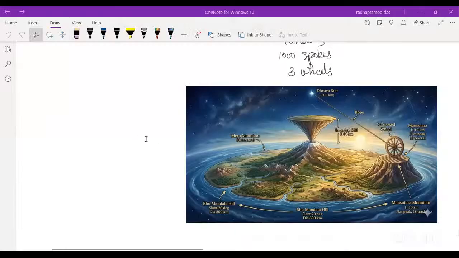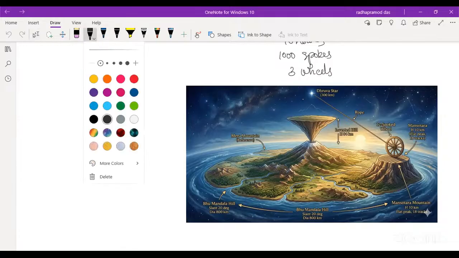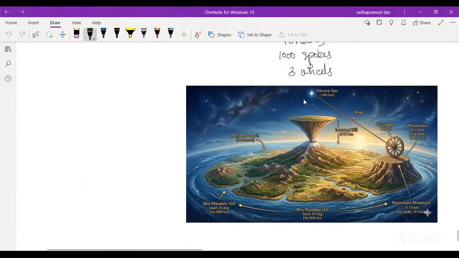So I'll share the image for you. This is not according to dimension, just to give an idea. See here, there is a cord connecting the axle of the wheel.